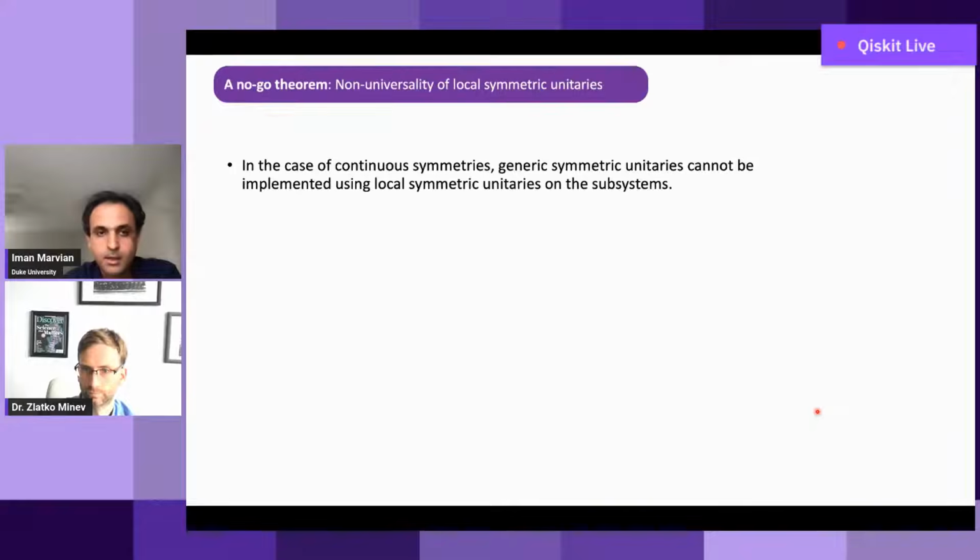So here is the first result: non-universality of local symmetric unitaries. It turns out that in the case of continuous symmetries, such as the U1 symmetry we discussed, generic symmetric unitaries cannot be implemented using local symmetric unitaries on the subsystems. So it's a strong no-go theorem.